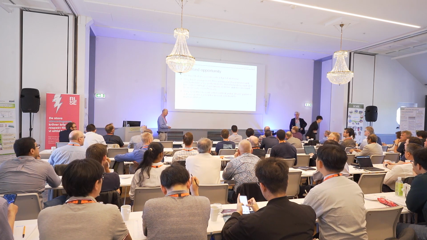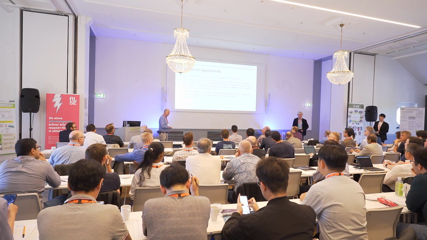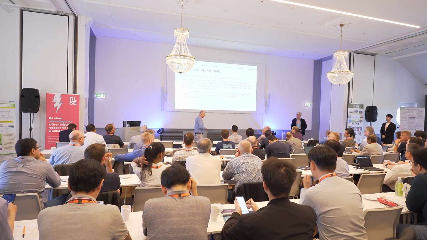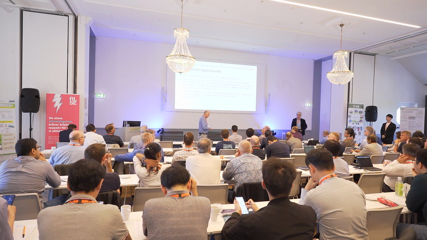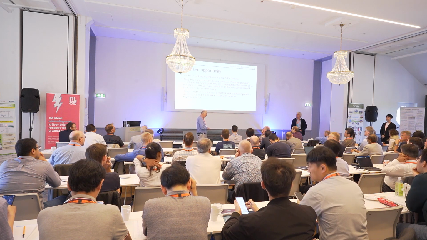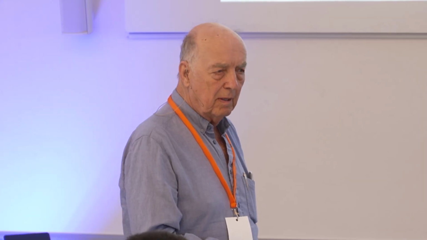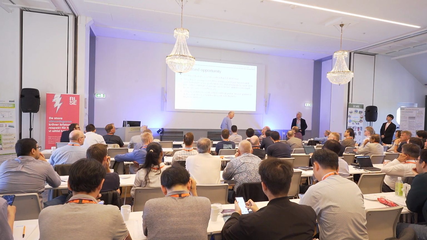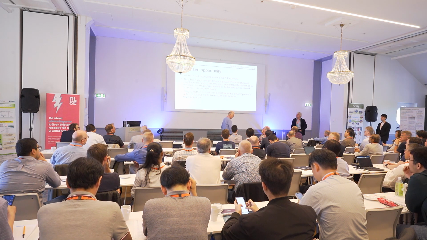Regarding the efficiency curve that you showed at the beginning, at the lower voltage you have an efficiency drop suddenly. What phenomena are behind that, that the efficiency drops so fast at 650 volt?